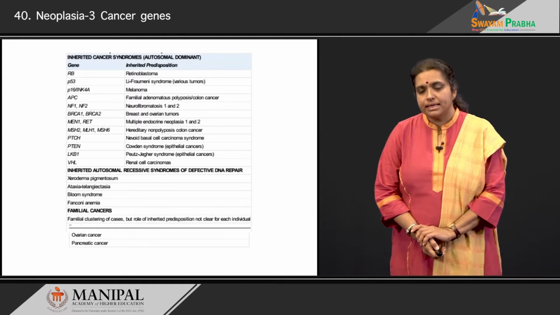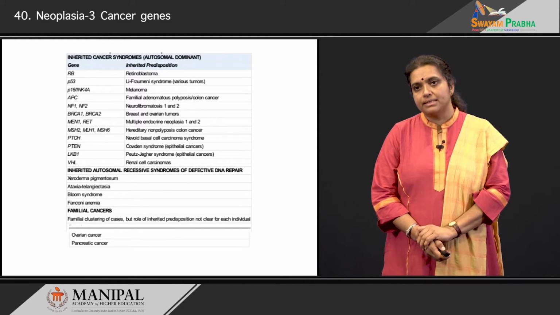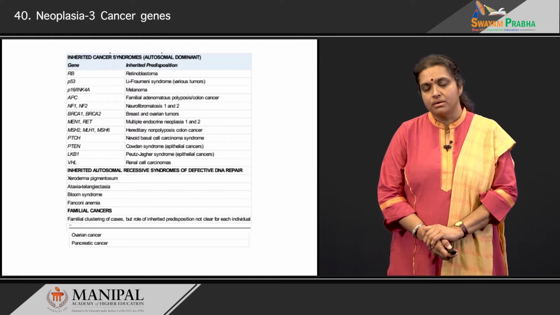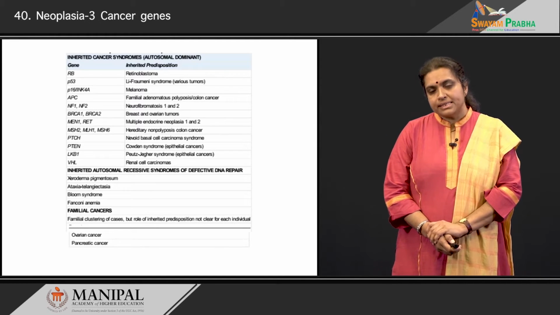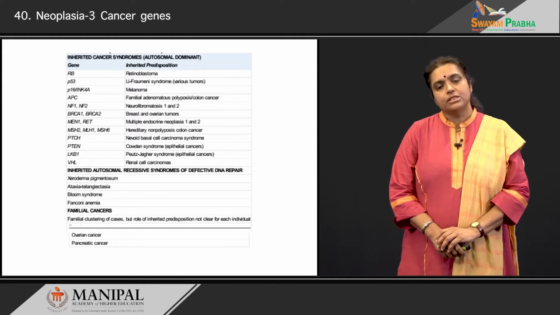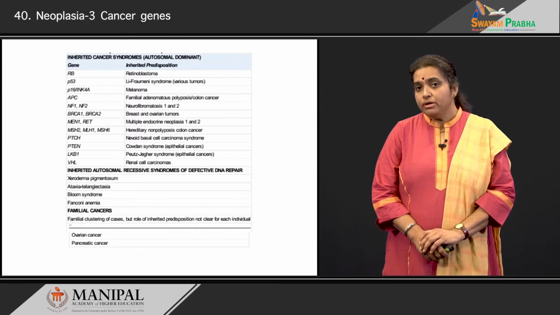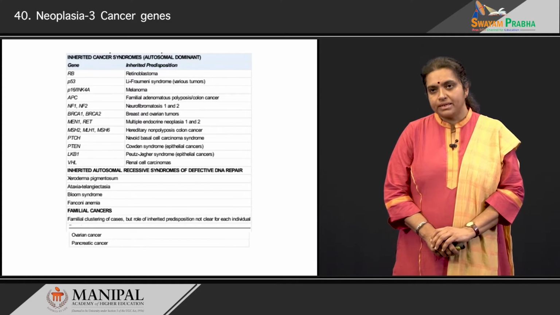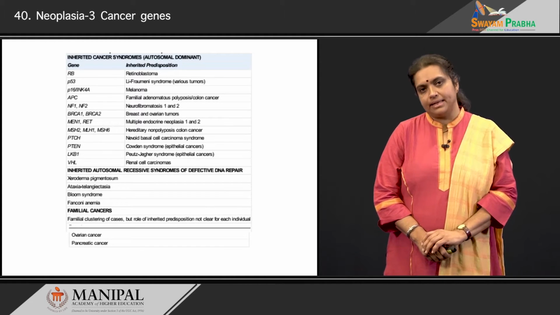Now, when I say that there are genes that are important in cancer and that are key to the malignant transformation, in a sense then cancer is a genetic disease, but this does not mean that all cancers are inherited. Only if these genes affect cells in the germ line will it become an inherited cancer.